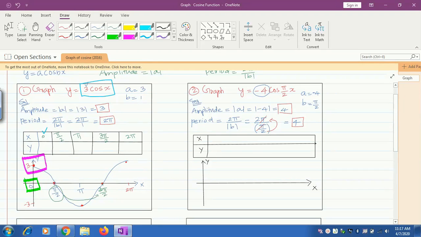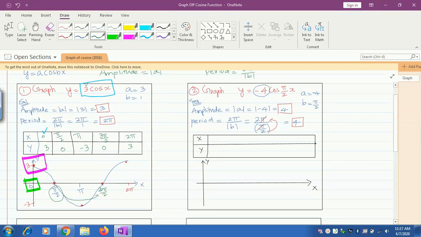We just have to fill the schedule. As in the last problem, it is 3, then 0, then minus 3, then 0 and plus 3.